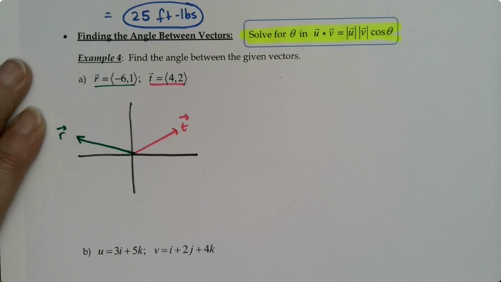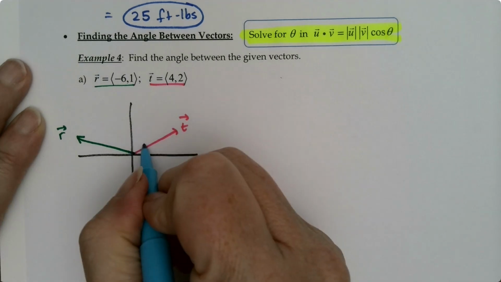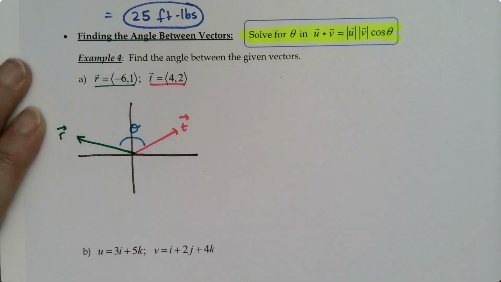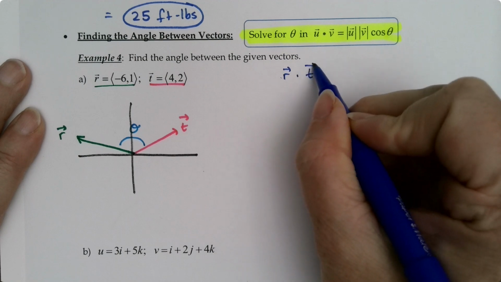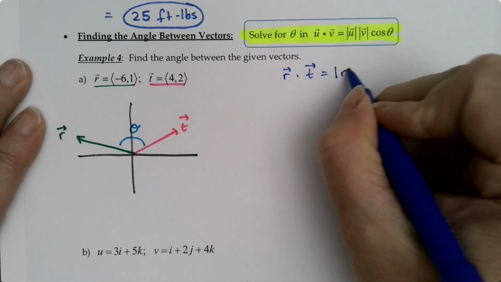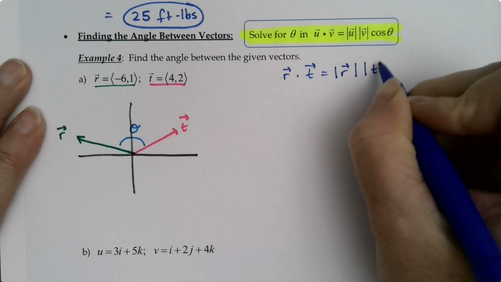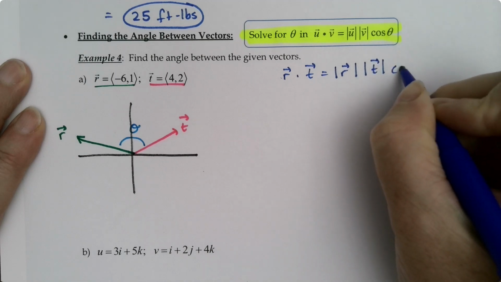Theta is the angle between the two of them. Theta is that angle. Okay, well, let's think. We know that r dot product with t is equal to the magnitude of r times the magnitude of t times the cosine of theta.